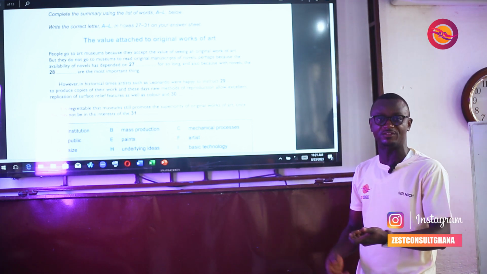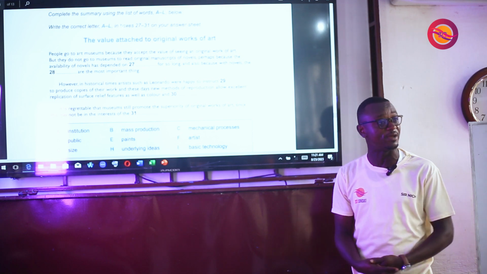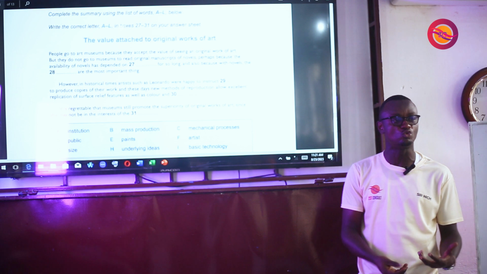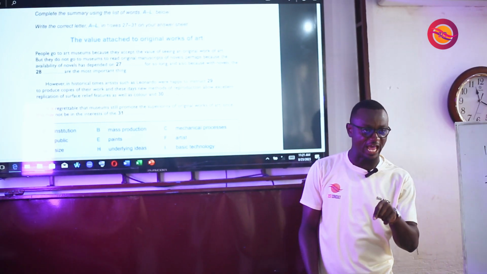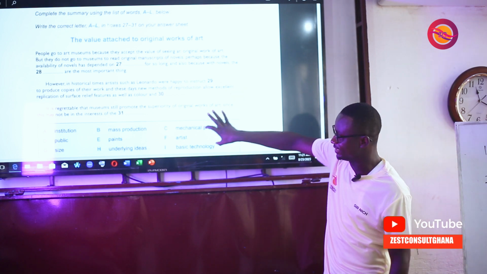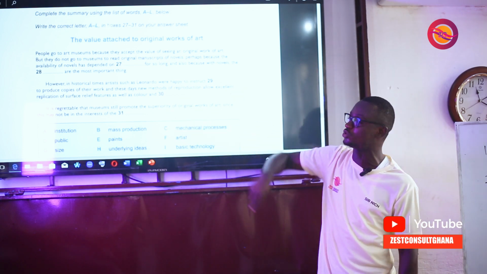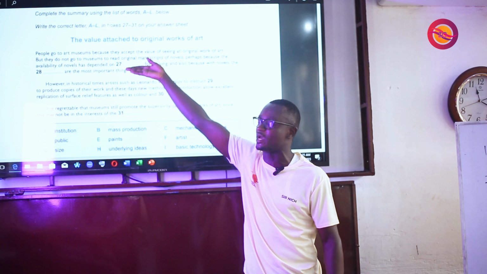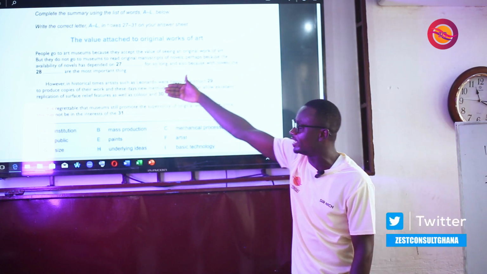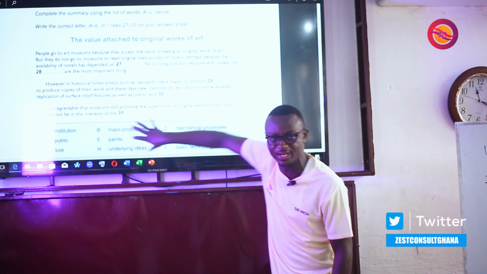By virtue of the dash created, it makes the statement incomplete. So it is our responsibility to complete it. But this time, we are not going to complete it with anything. The list or the options we are supposed to use to complete the 27 through to the 28, 29, 30, and 31 have been given here.